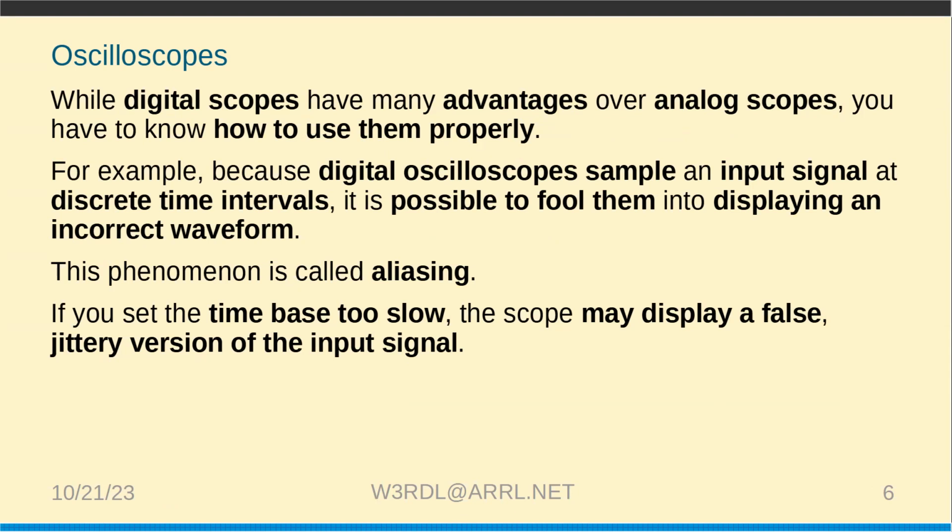Now, it says you have to know how to use the digital scope properly, even though it does have some advantages over the analog. This one really surprised me, and I haven't actually gone and tried to see if that's really true, but this implies that if you change the horizontal time base on a digital scope, that it reduces the sampling rate.